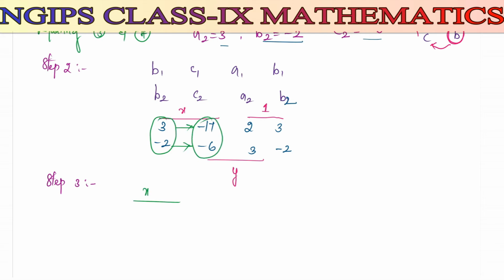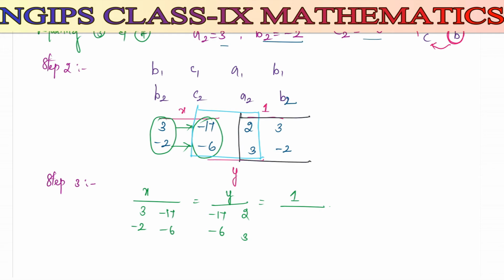x divided by 3, minus 17, minus 2, minus 6, is equal to, next we have to consider the value of y. So this is the value of y here, y divided by minus 17, minus 6, 2, 3. And next we have to consider the constant value 1 divided by these values, it is 2, 3, 3, minus 2.